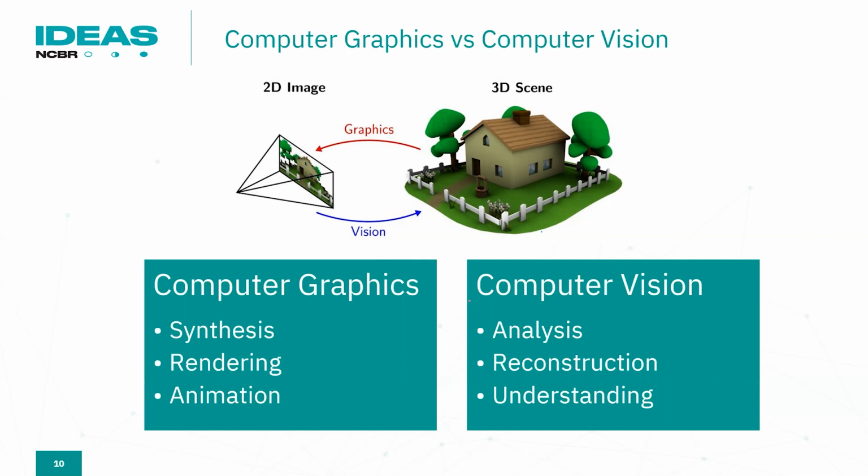So the analysis and reconstruction of 3D content from images, and understanding of those images, is the task of computer vision. Computer graphics and computer vision are two disciplines working very closely together and overlapping in many areas, and also overlapping in the scientific communities.